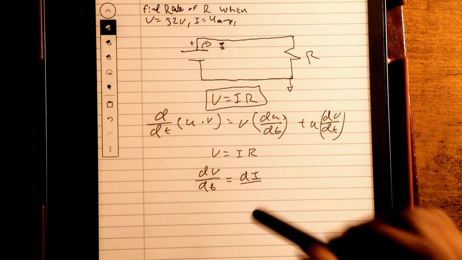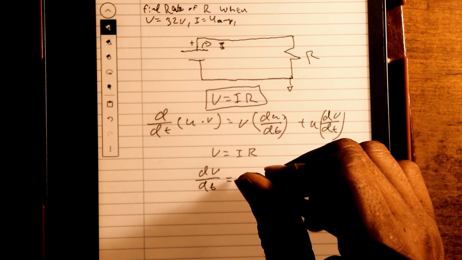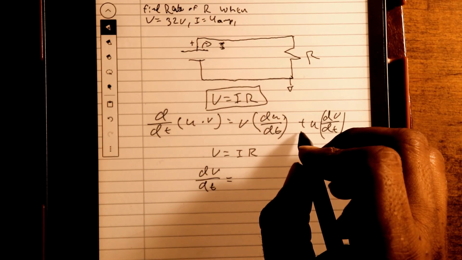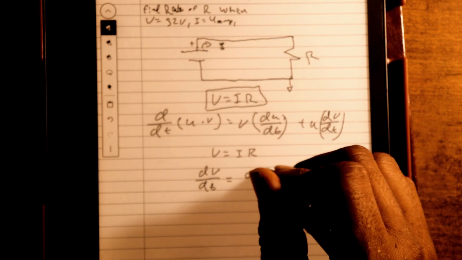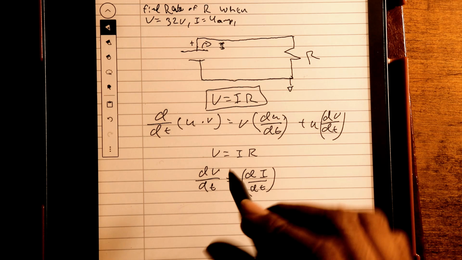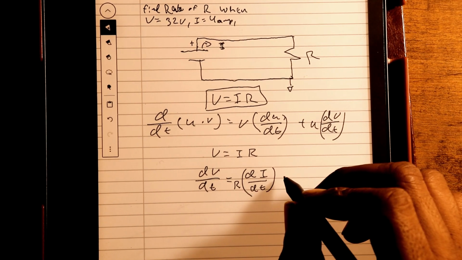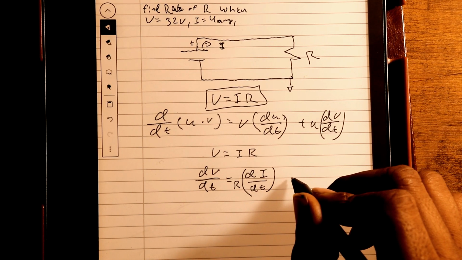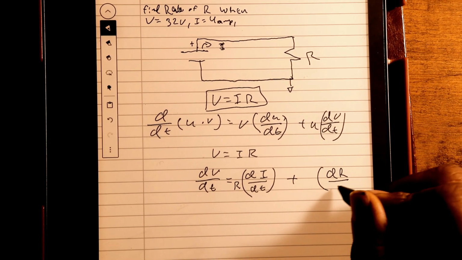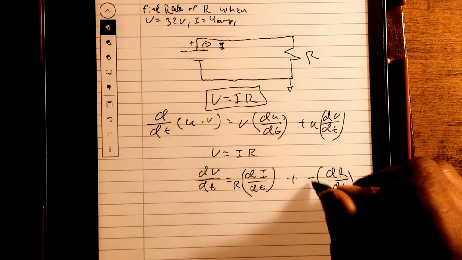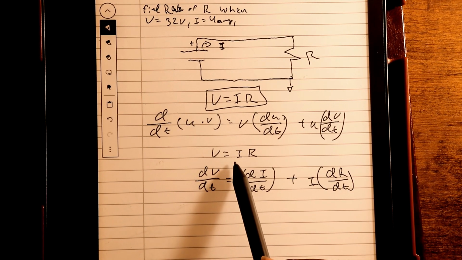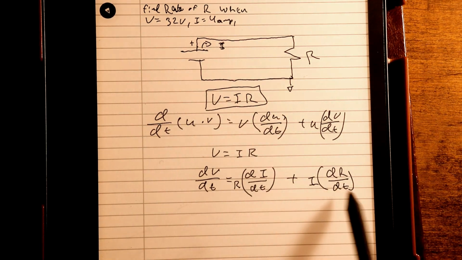equals, I'm going to do basically what I have up here. Remember this is a product, so that means we're going to add. So this is going to be dI dt times r, the opposite variable, the second variable that I have, plus dr dt times I. Now I've turned my algebraic equation into a calculus equation.